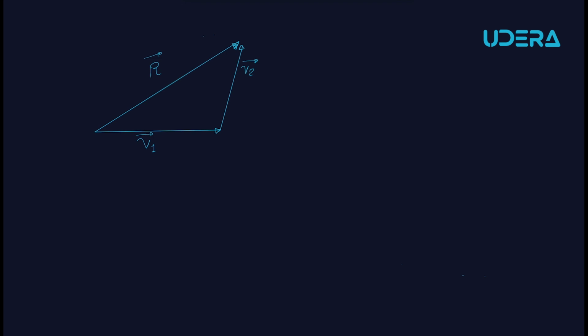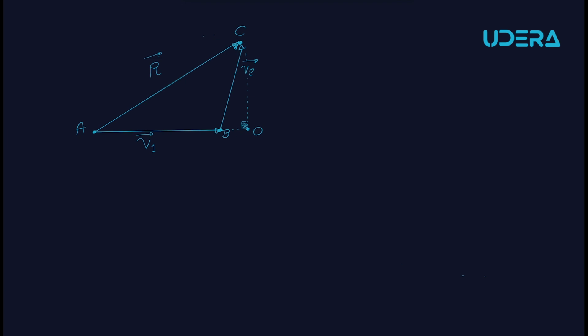First of all, I'm going to name these points as A, B, and C. Here I extend the vector v1, which is the side AB, and draw a vertical dashed line from the point C to the extension that creates a right triangle. So I name this vertex as D.